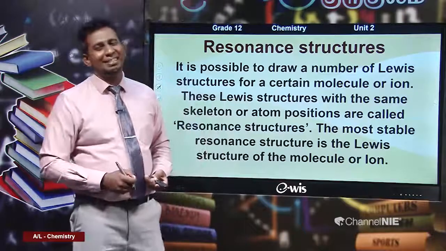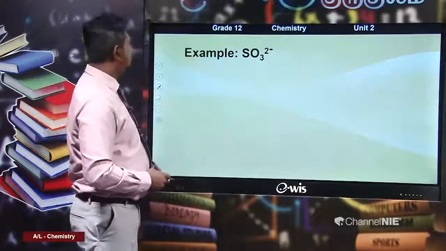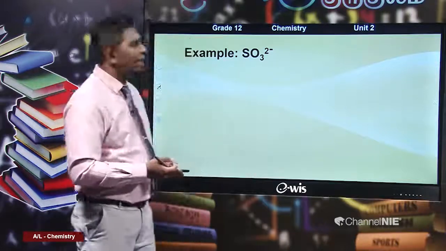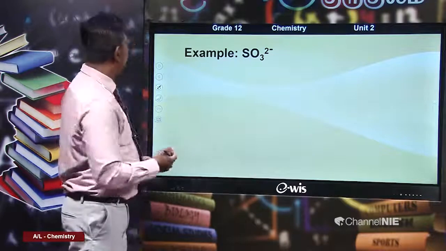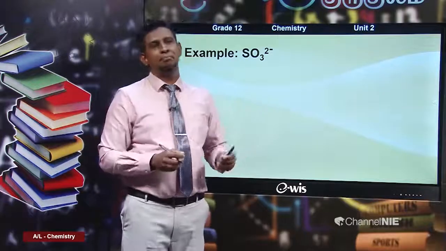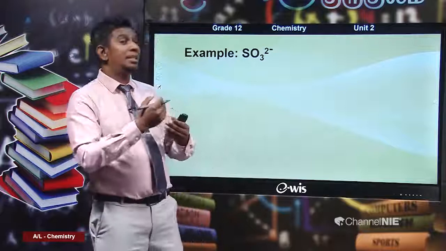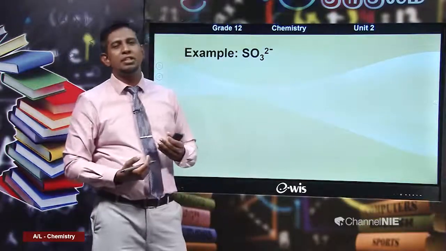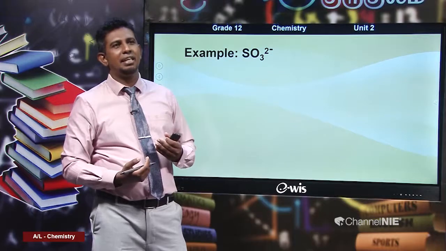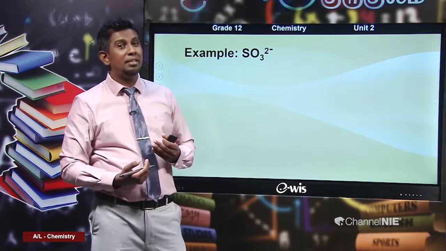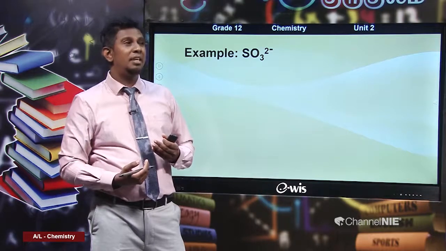So students, let's find out how to handle SO3 2-. I will work out the procedure to get a Lewis structure. First I need to find the total number of electron pairs, that is, all the valence electrons in the valence shells.